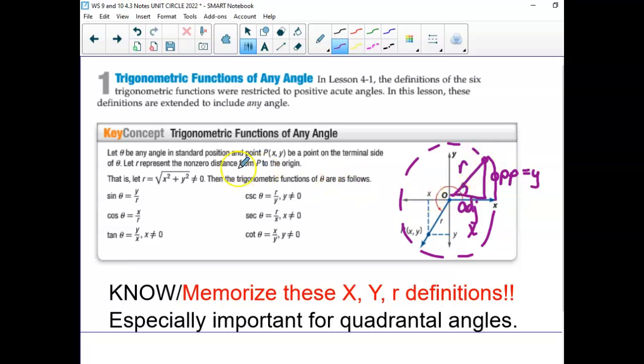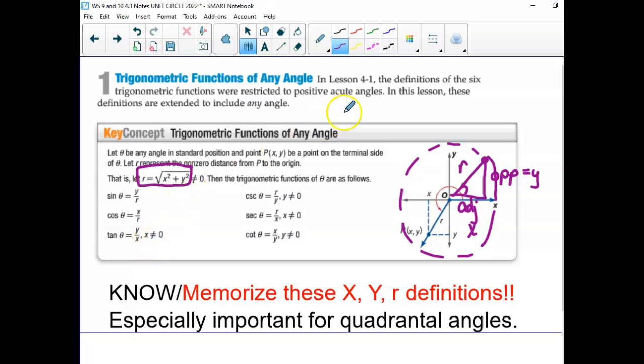That gives this formula: the radius r is the square root of x squared plus y squared, or r squared equals x squared plus y squared. Then sine is y over r, cosine is x over r, and tangent is y over x. These are super important for the unit circle.